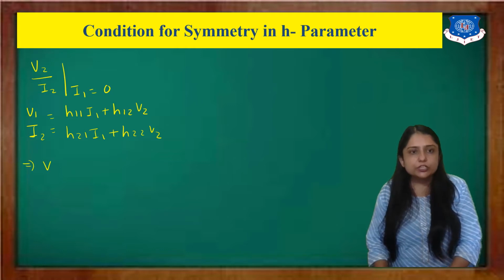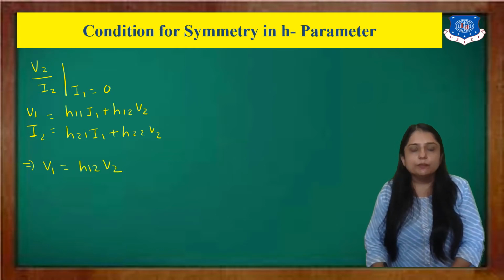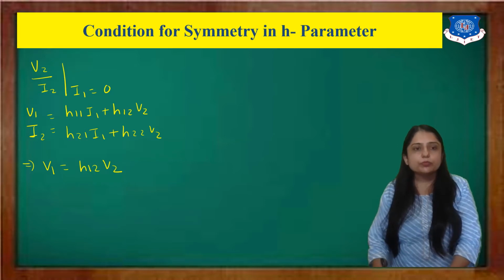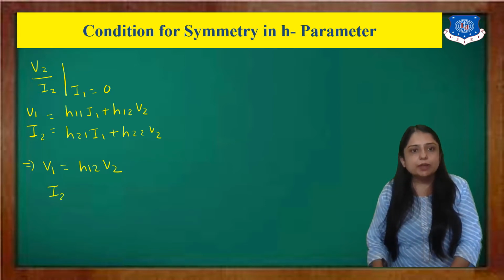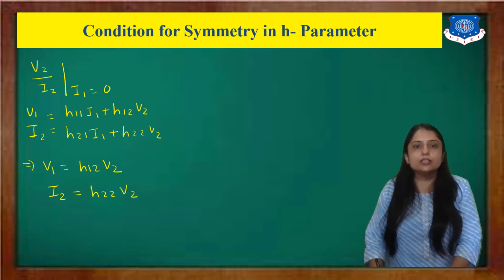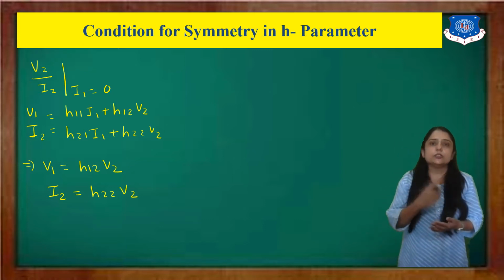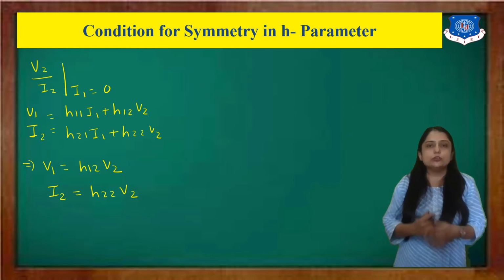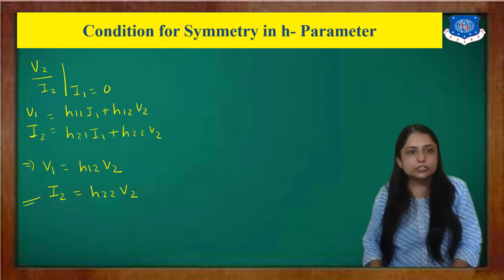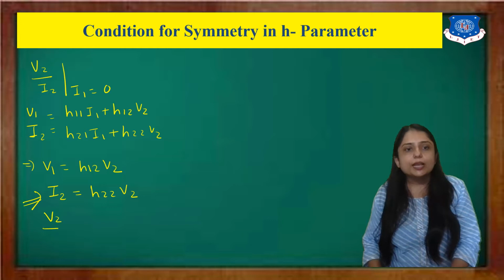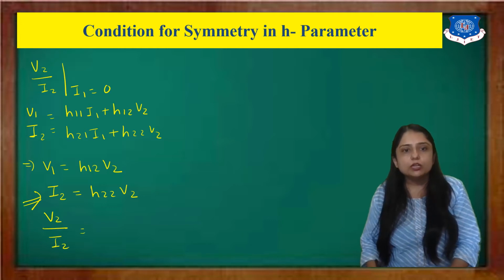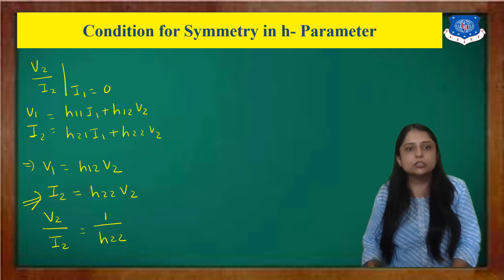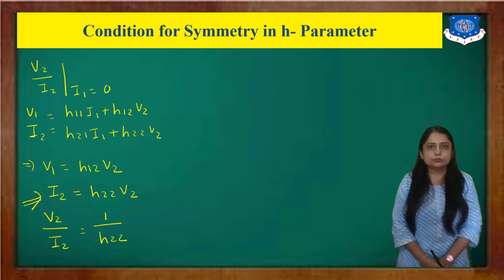Then my first equation will become V1 that equal to H12 into V2, and my second equation will become I2 that equal to H22 into V2. I want to find out the ratio V2 by I2, so I'll use my second equation. So V2 by I2 that equal to 1 upon H22.